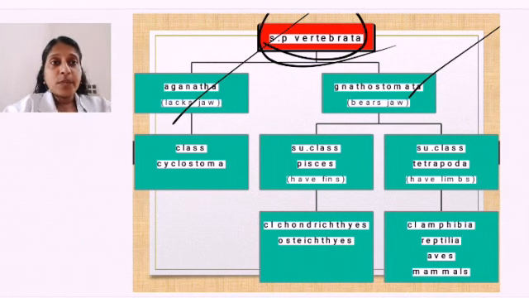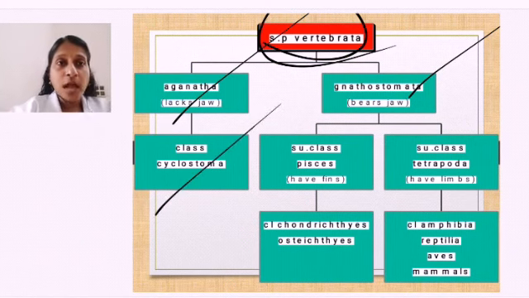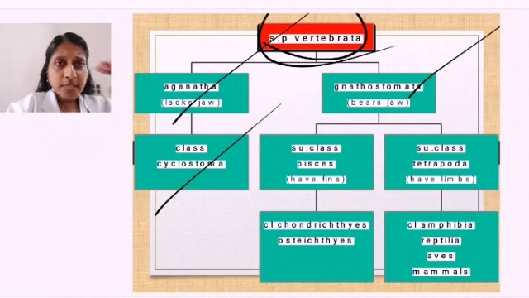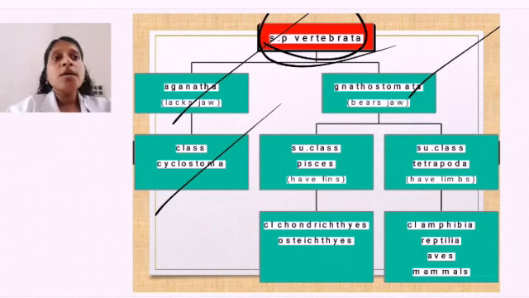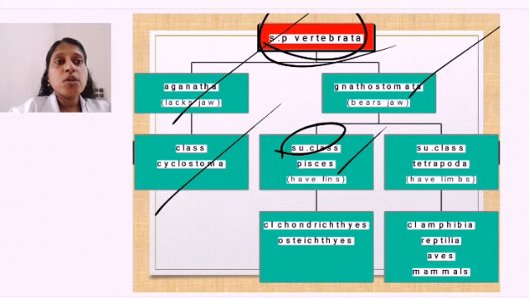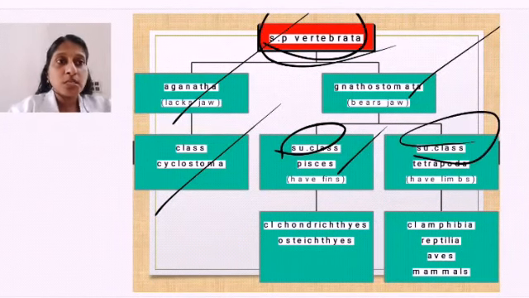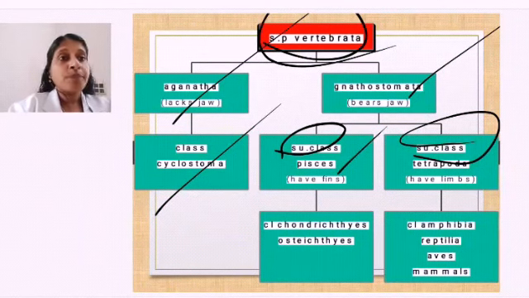This Agnatha, when you are seeing, it is divided into class Cyclostomata, that is having some organisms we will be discussing, and Gnathostomata is again divided into subclasses. One is the superclass called Pisces, that is fishes, and another superclass is Tetrapoda.